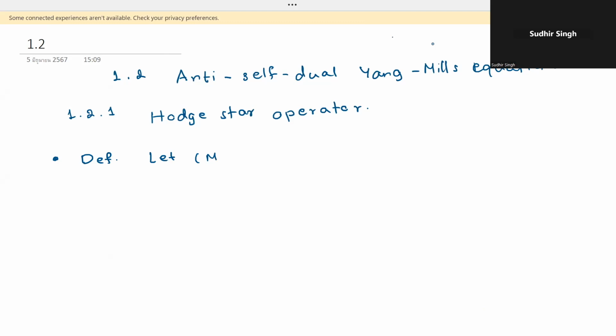But in order to define anti-pseudo-Yang-Mills equations and the Hodge star operator, we need a metric structure on M. So let (M, g) be a pseudo-Riemannian manifold, and in fact oriented, say n-dimensional.